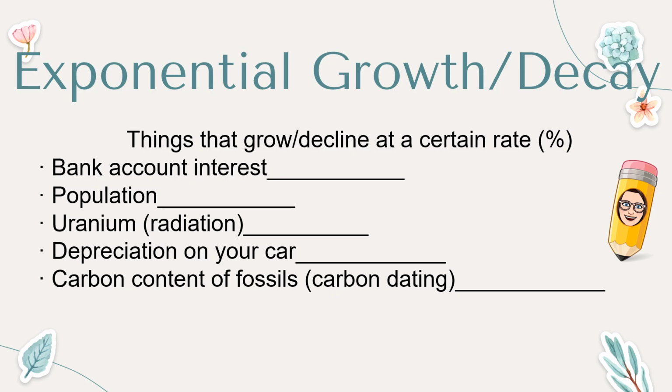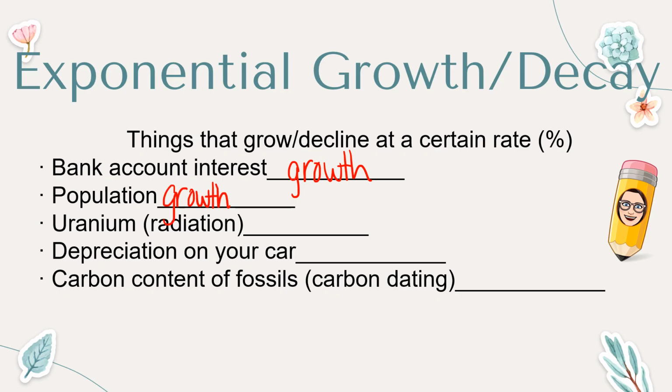And so growth and decay is something that's continuously increasing, continuously decreasing, and very real world applicable, even as basic as bank interest. Bank interest can be considered growth. We're gaining money. Population could be growth or decay, right?